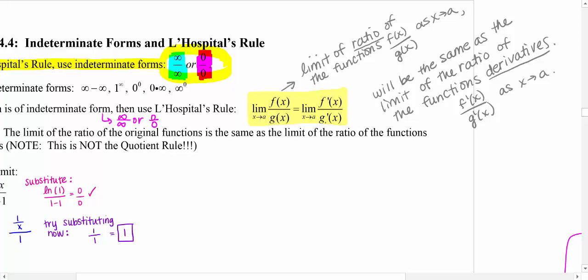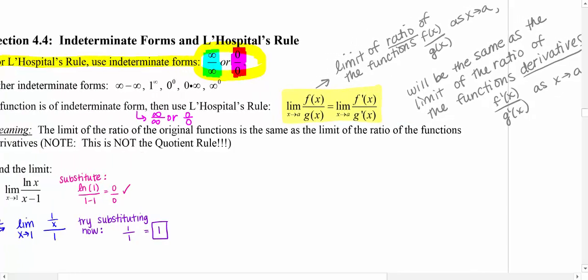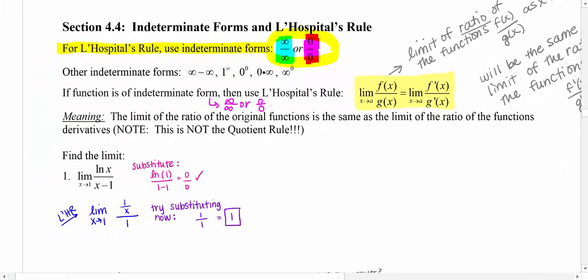He is not suggesting that as functions these would be equivalent. He is also not suggesting that the derivative of f over g is f prime over g prime. That is not the case at all. This is only within limits, and this is only when we are of that indeterminate form.